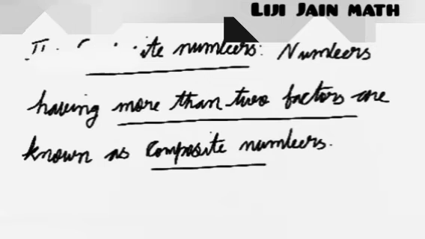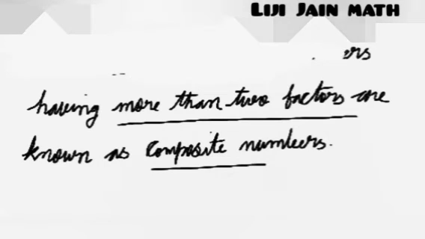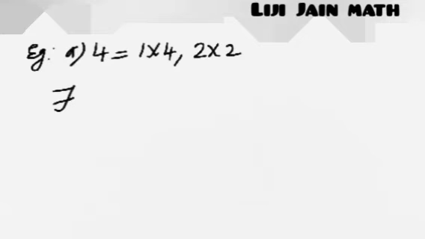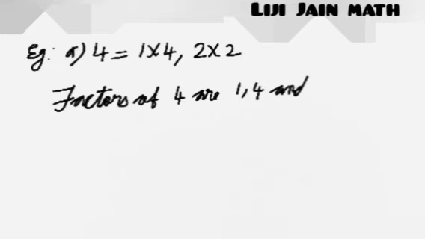Let's discuss some examples. Example A, 4. How can 4 be written as the product of 2 numbers? 1 into 4, 2 into 2, isn't it? Therefore, factors of 4 are 1, 4 and 2.